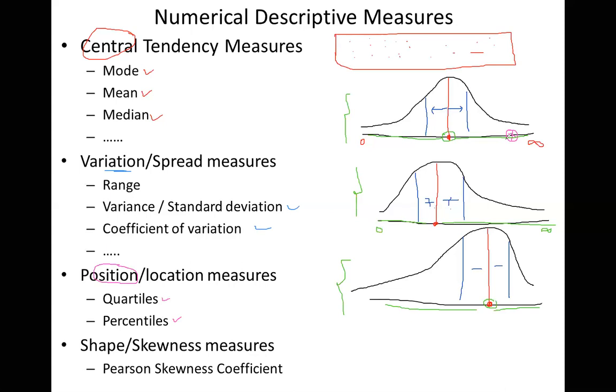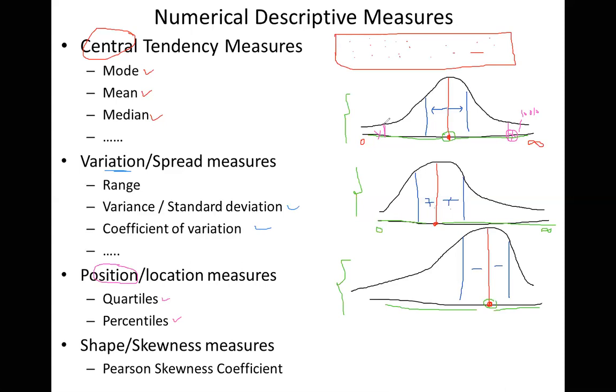This value X is mostly at the top 10% of the data. So now I need measures telling me that the value of X is at the top 10% of the data, or if you have another value Y, we can say the value of Y is actually in the smallest 10% of the data.